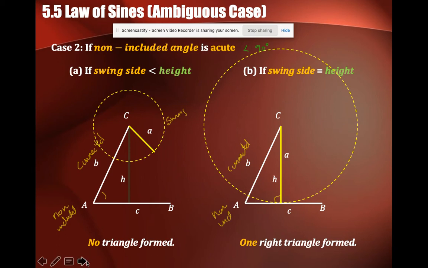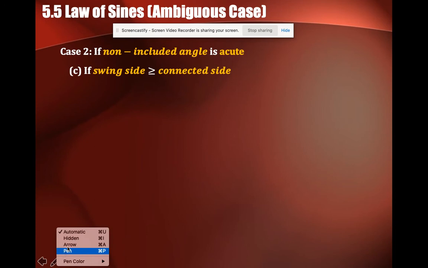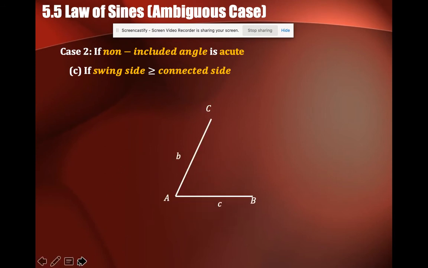But what if not compared to the height? This time not compared to the height. Swing side compared again to the connected side. So here's my acute angle.